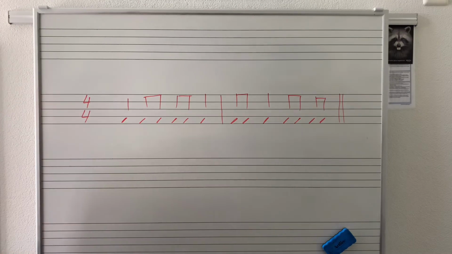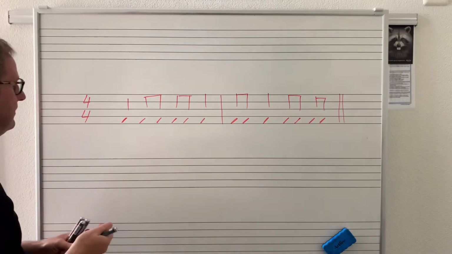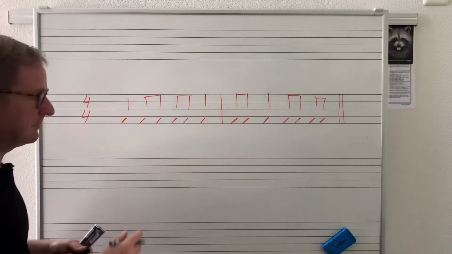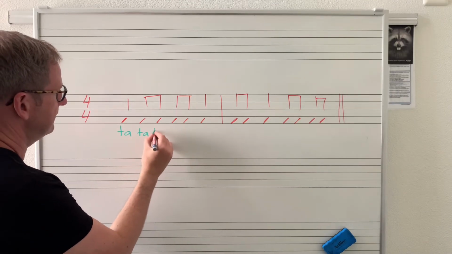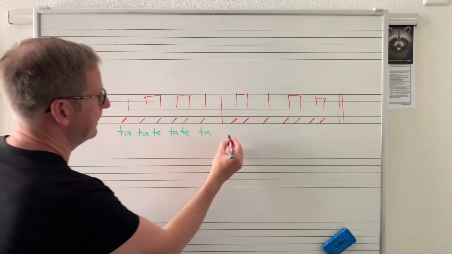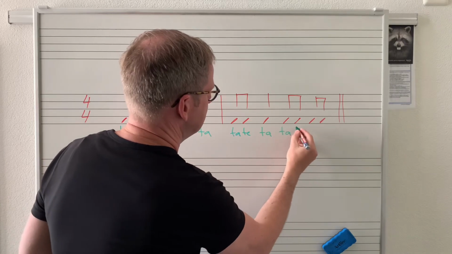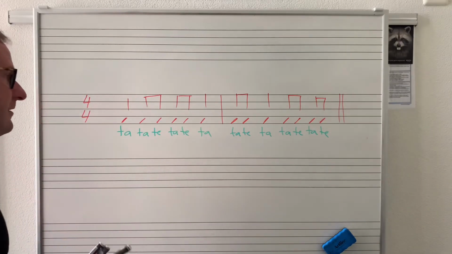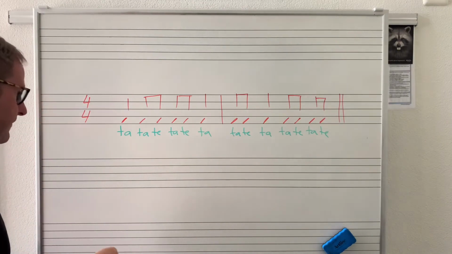Here we have another very simple example. We count on 4 and you can write this ta, ta, te, ta, te, ta, ta, te, ta, ta, te, ta, te. And you can rely on that there where the ta is, there is our beat.